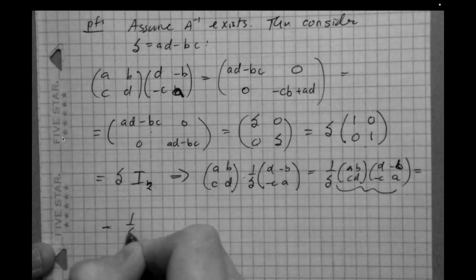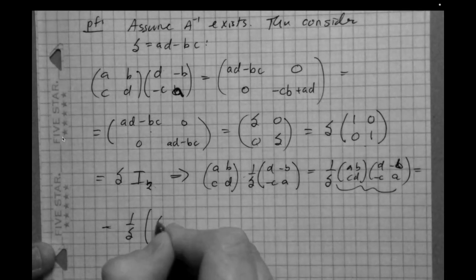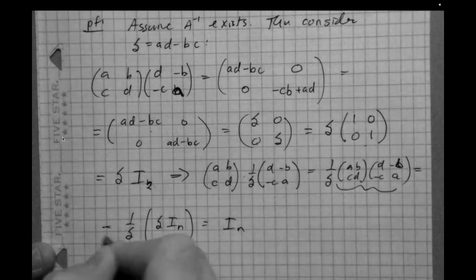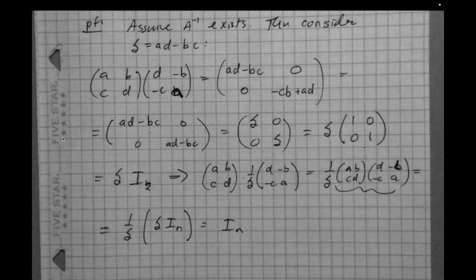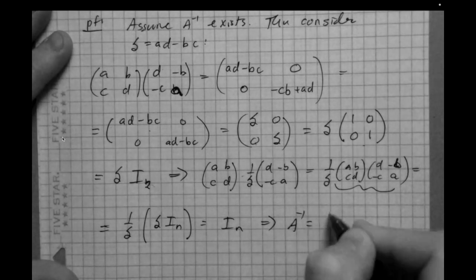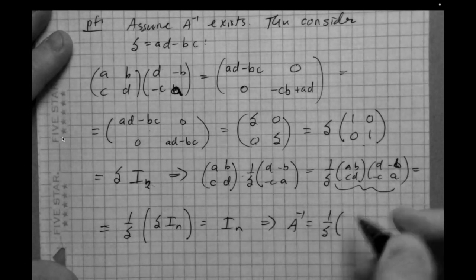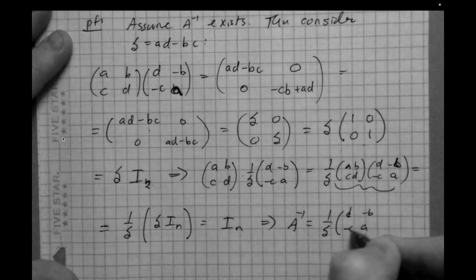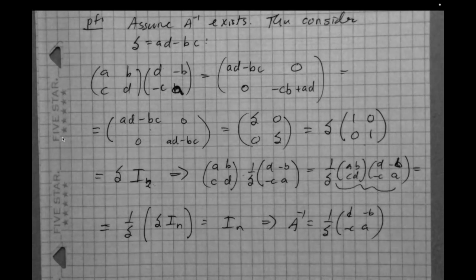So I have 1 over delta times delta times the identity, which is just the identity. Right? So the inverse has got to be equal to 1 over delta times [d -b; -c a]. Okay? And so that shows you that if the inverse exists, it's going to have this form.